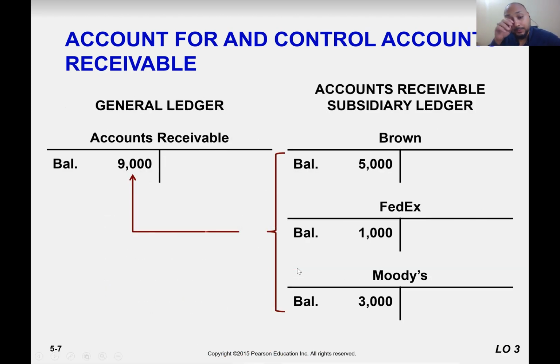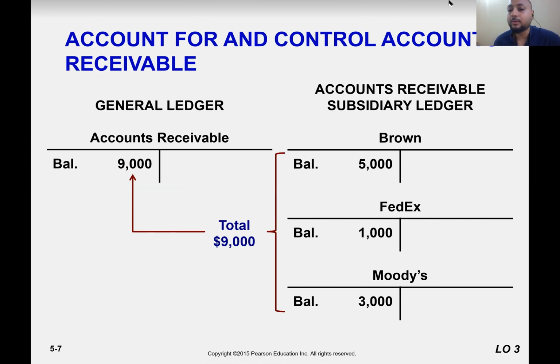Here we go. So this is how the subsidiary ledgers look. On the balance sheet, the general ledger account is accounts receivable: the total amount of money that customers need to pay us is 9,000. How much does Mr. Brown need to pay us? We go to Mr. Brown's accounts receivable account and find that this is the outstanding amount, 5,000, which belongs to the company.